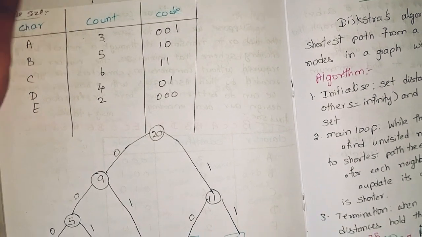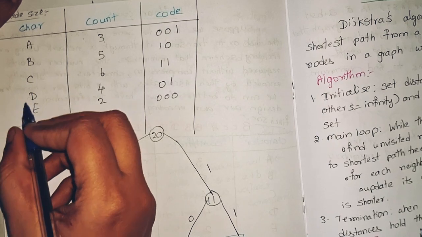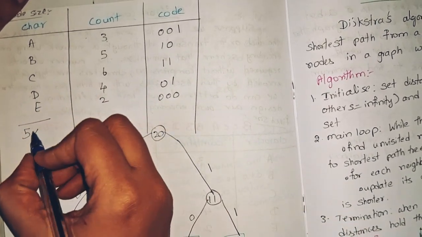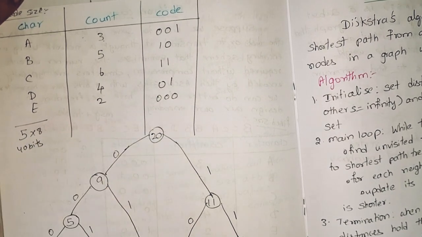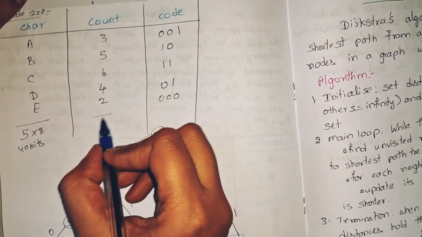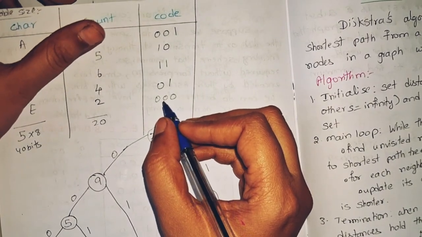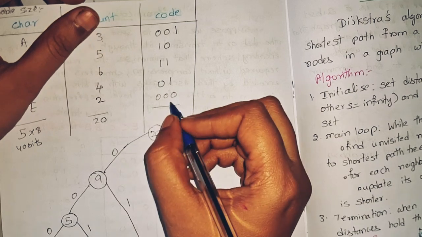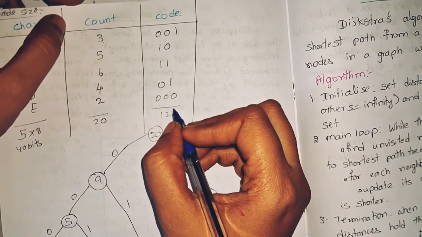Now we will calculate the total here. We have 5 characters, and each character carries 8 bits. So 5 into 8 is 40 bits. The total count is 20, and the total codes we are sending are 12 bits.